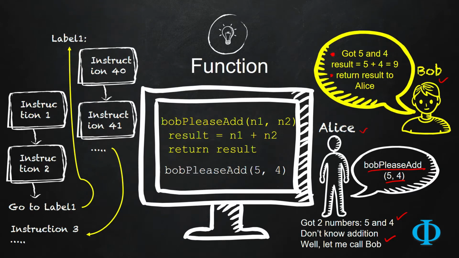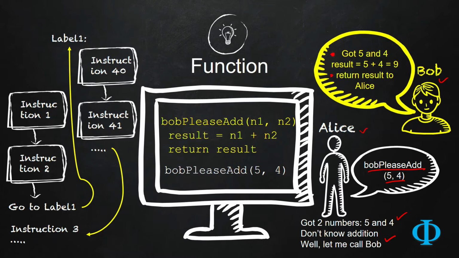And Alice got the answer. So Alice basically offloaded some part of her job to Bob without doing it by herself.